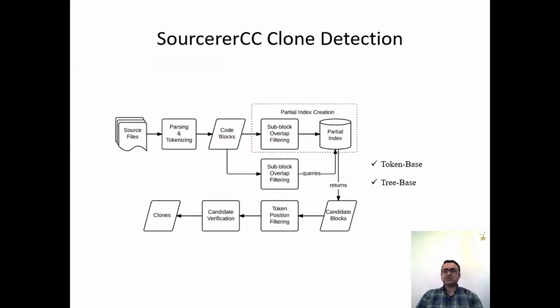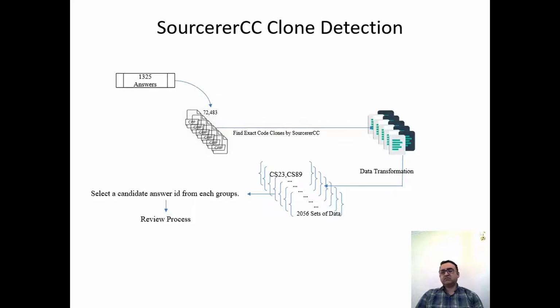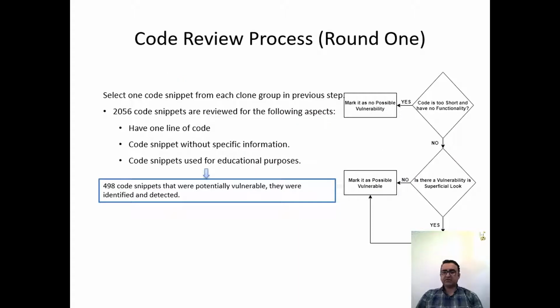So we focused on those 72,000, and we wanted to make sure they are unique. The best clone detection for type 1 clones for C++ and Java is SourcererCC. After we analyzed the 72,000 code snippets, we found that over 2,000 are unique, so we started the manual review process.